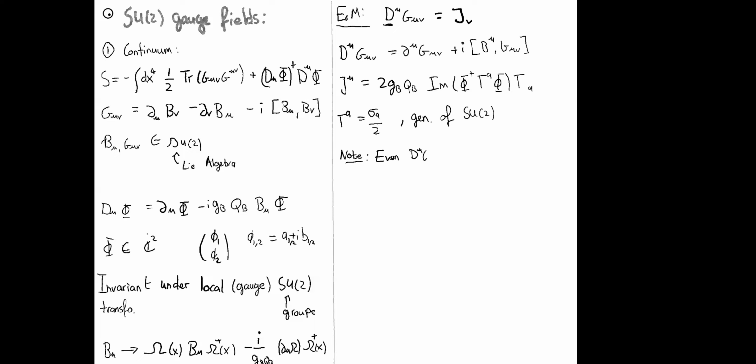So even in the absence of matter, the field equations are not solved by plane waves. This is really because you have this commutator. So it's like a nonlinear equation even at the classical level.